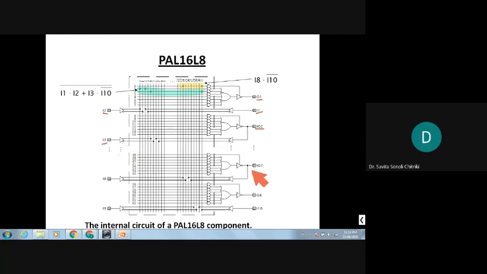So like that only. IO7 is there, input output 7. Like that only. Input 8, output 8. Then finally input 9, then input 10.